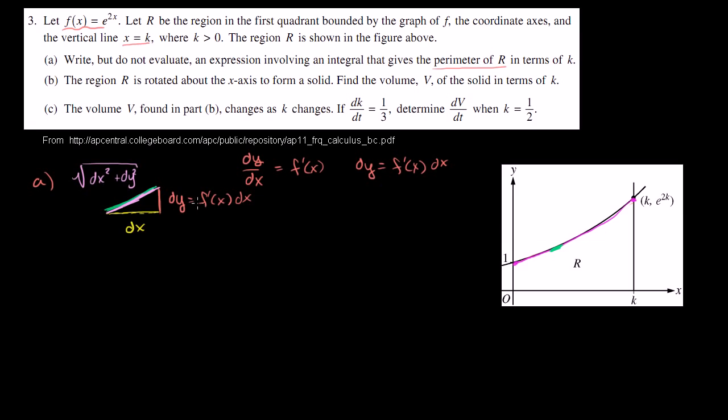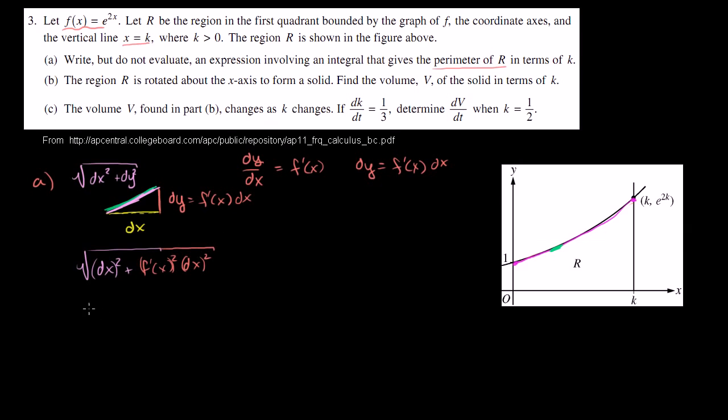And if we write dy this way, that small arc length right over here is going to be equal to the square root of dx squared plus, this is dy, so plus f prime of x squared times dx squared. All I did is I squared this. Dy squared is this thing right over here. And let me expand the radical sign a little bit.